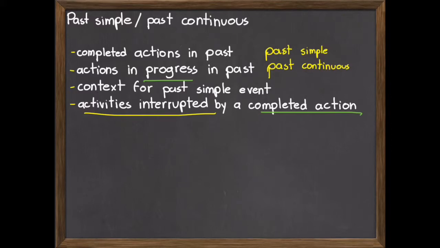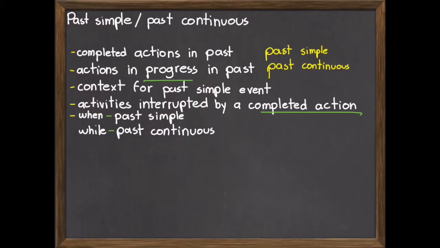Now, we would also use the past simple with when and the past continuous with while. So you would know when you have to use the word when that you would have to use a past simple, and if you use while, you would have to use past continuous.